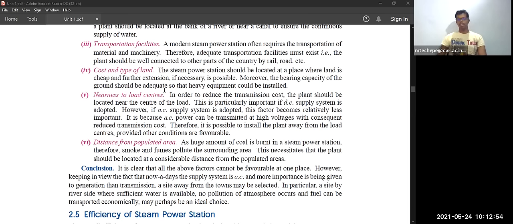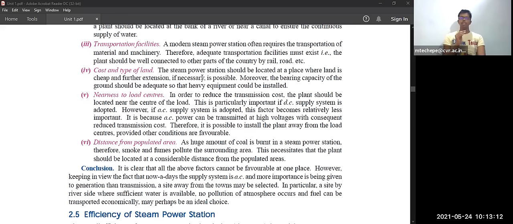Next is nearness to the load centers. If you are constructing a thermal power plant, it should be located near the load centers, the load dispatch centers. That is very important, you should take care of it.